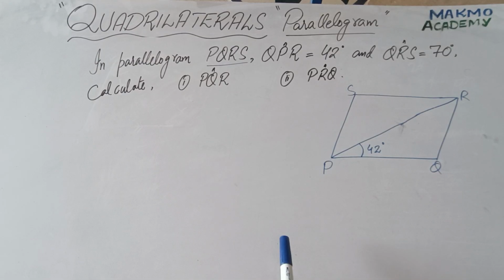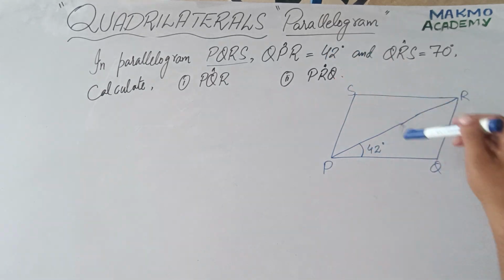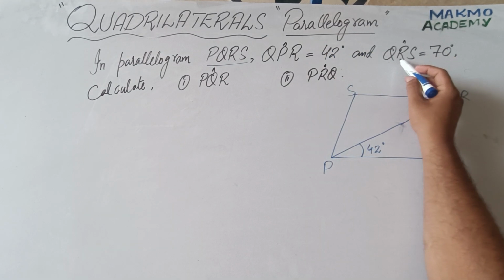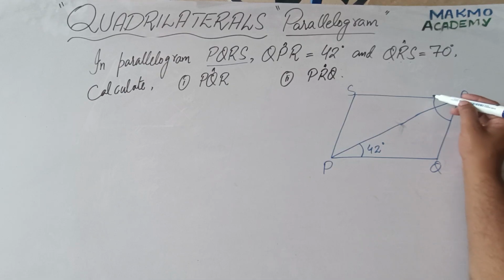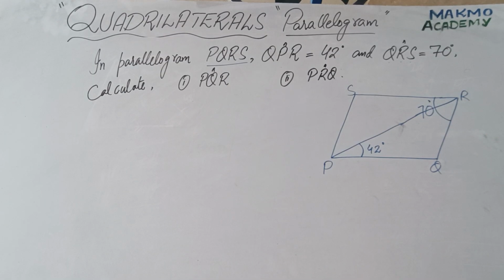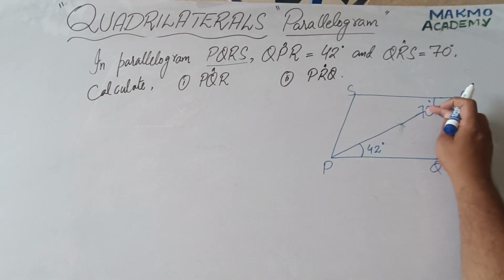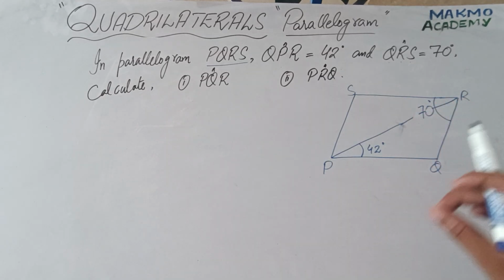Now let's look at QRS. QRS means this whole angle is of 70 degrees. This part alone is not equal to 70, but this complete angle is of 70 degrees.